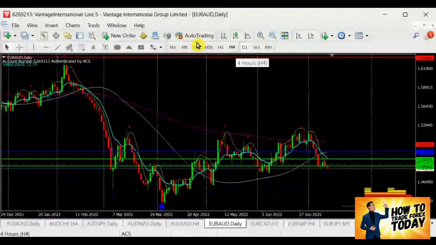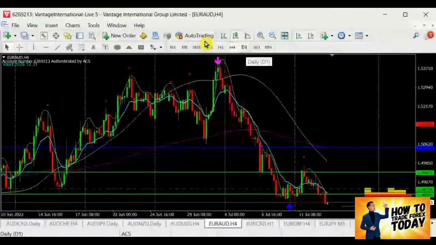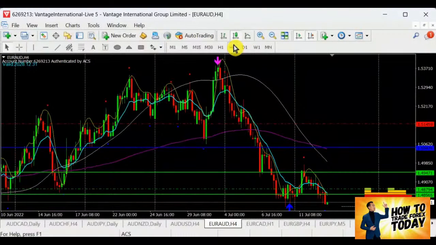Somehow it's like coming back for a selling. Then again, we are still not there yet. We are still not really into the selling mode. So tentatively, I will stay away from Euro Aussie.